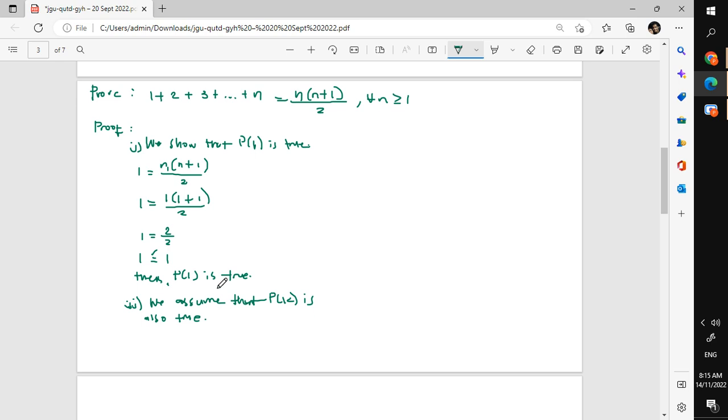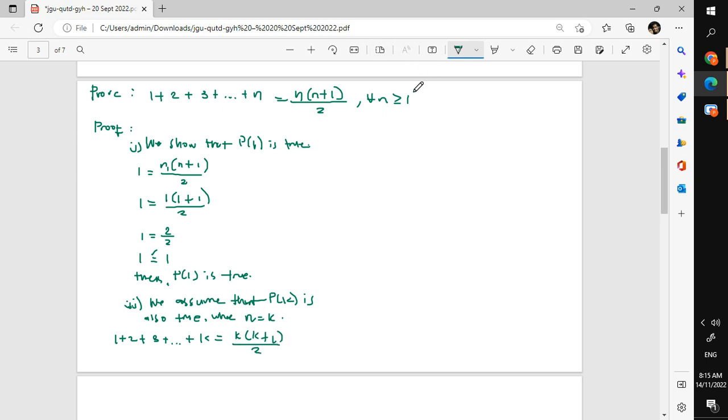When P of k is true, all the variables n will be replaced by k. So we need to indicate here where n is equal to k. So we have 1 plus 2 plus 3 plus dot dot dot plus k is equal to k times k plus 1 all over 2.